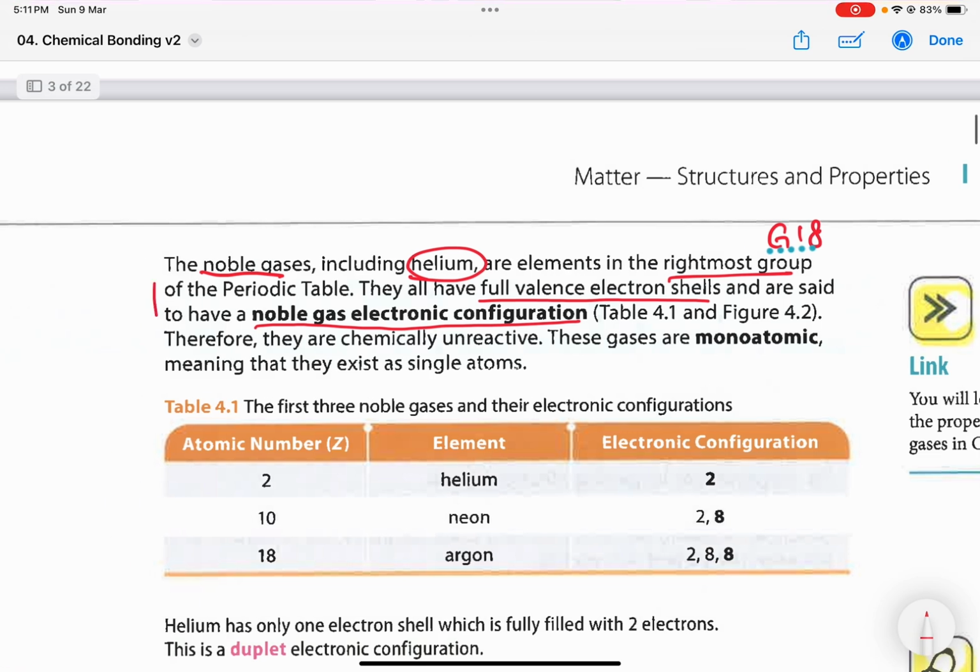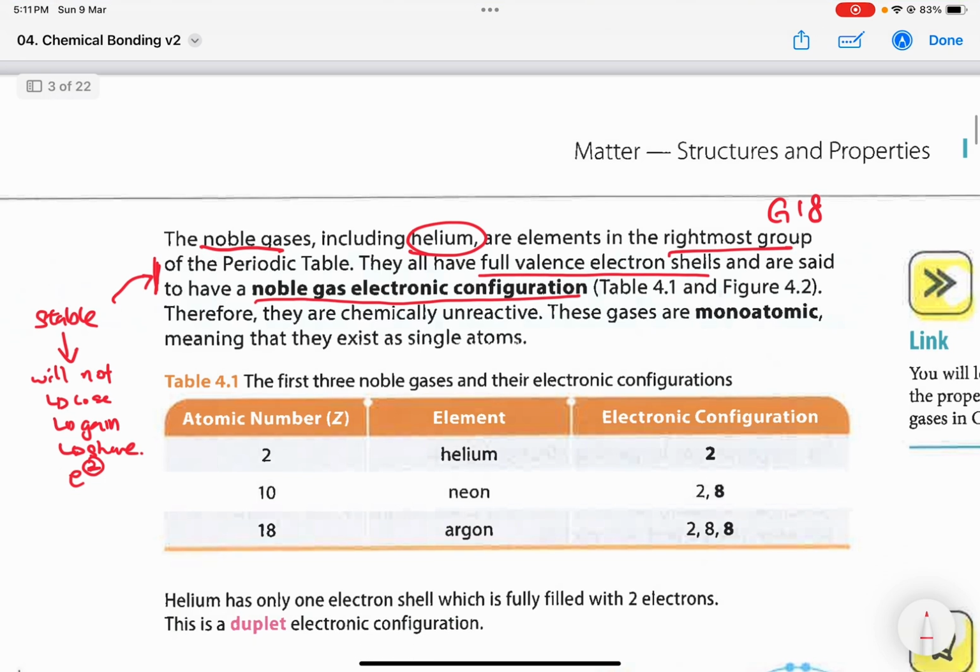Because of this, they are stable, and because they are stable, they will not lose, gain, or share electrons. Because they are chemically unreactive, they are monatomic, meaning they exist as single atoms because they do not combine with other atoms.